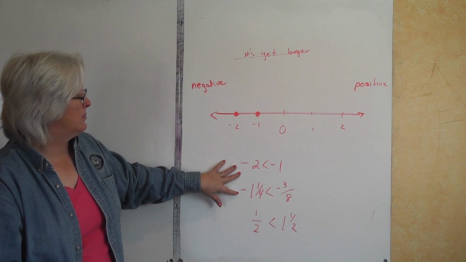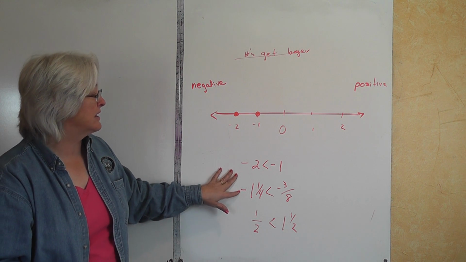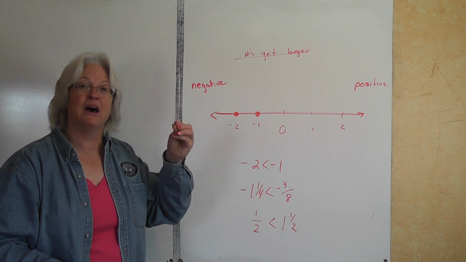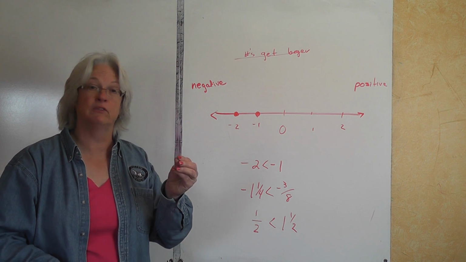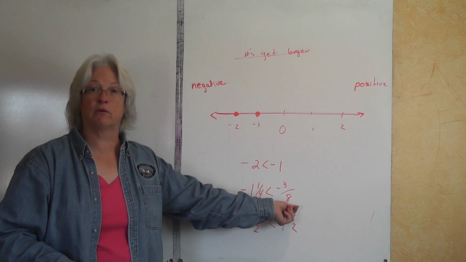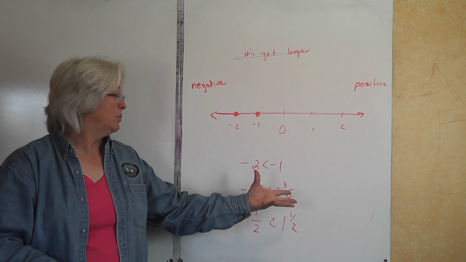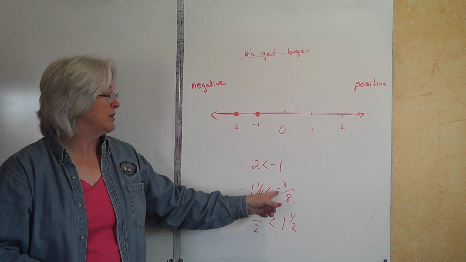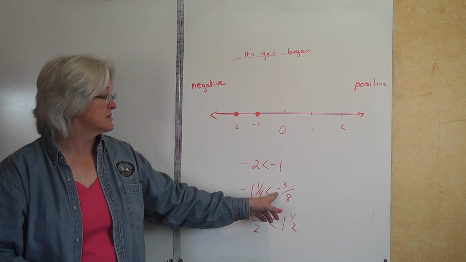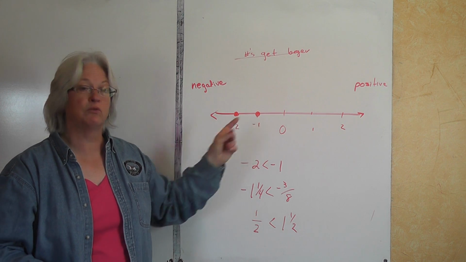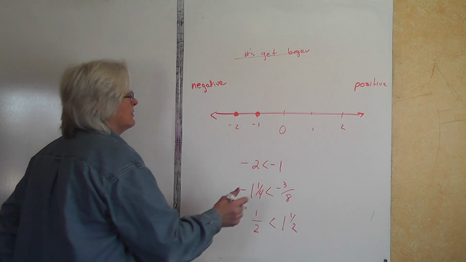Well, what about here? -1 1/4 is less than -3/8. When we're not accounting for the fact that we have negative numbers here, we think, how can one whole thing be smaller than a fraction of a part? Well, let's look and see. -3/8 is going to be between -1 and 0 on the number line.